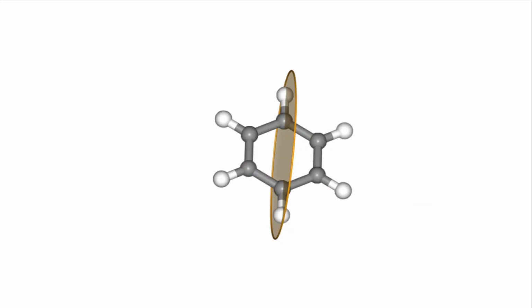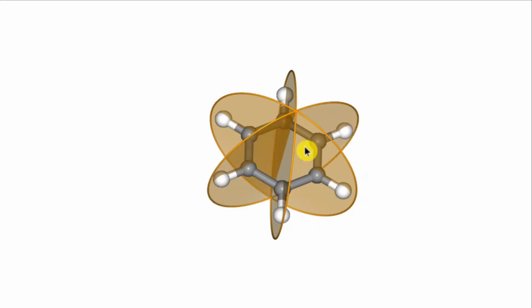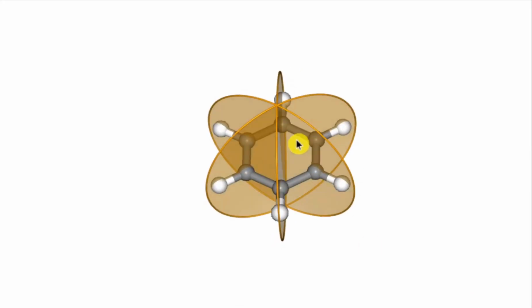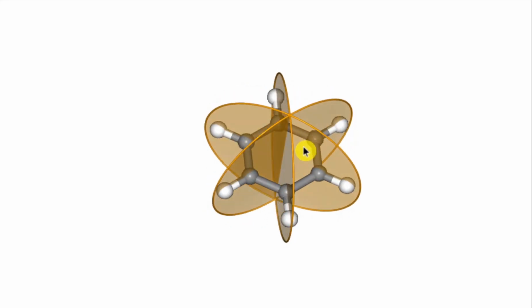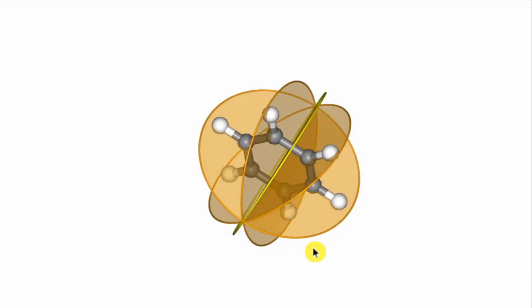Now what are the other 3 planes? One is perpendicular to this, and the other one is this one. These are the 3 planes, one set of 3 planes, and there are 3 other planes that will be in between these 3 planes. If I show you the first one among this, it is this plane.